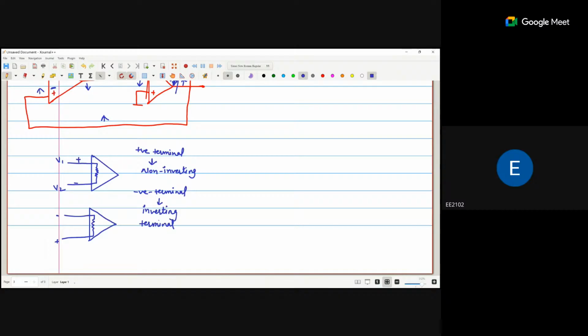If we apply an input on the non-inverting terminal, then this type of amplifier is called the non-inverting amplifier.